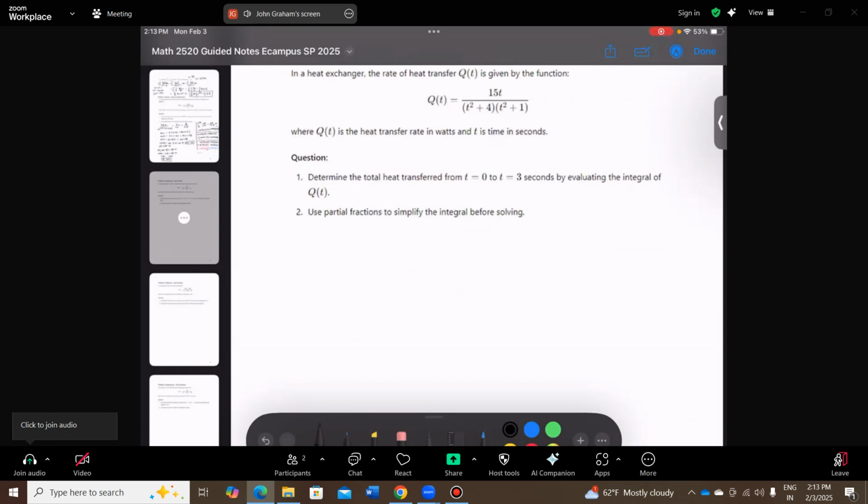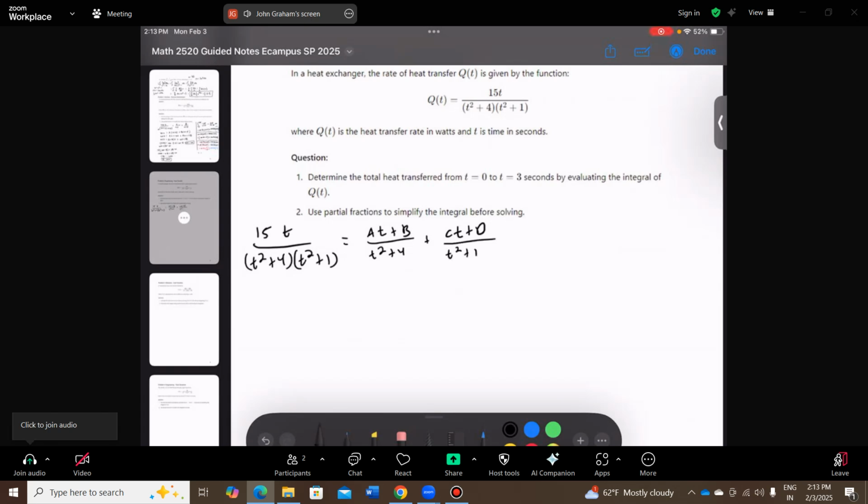So 15t over t squared plus 4, t squared plus 1. So we'll have At plus B over t squared plus 4, and then Ct plus D over t squared plus 1.